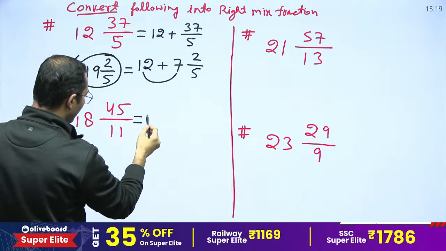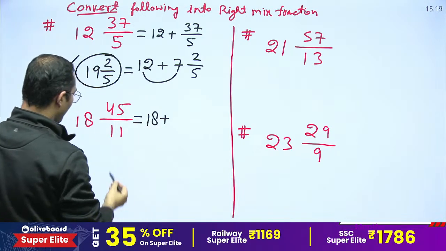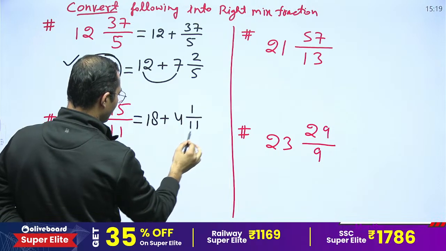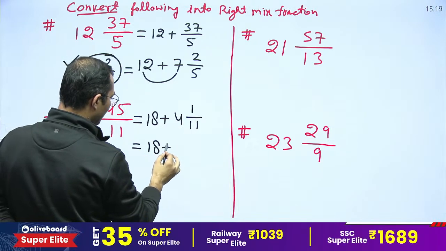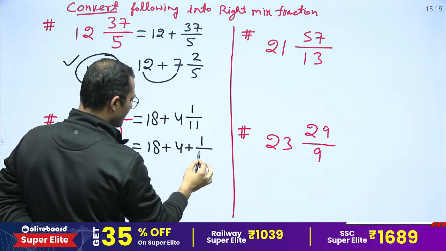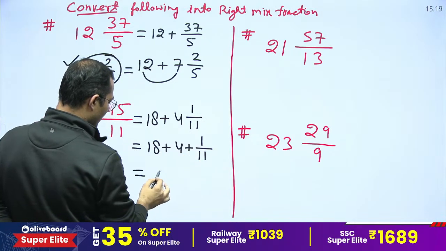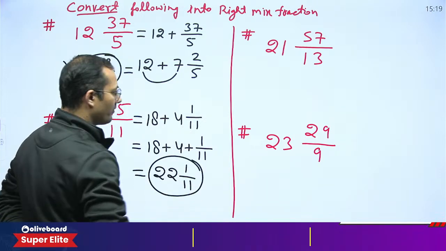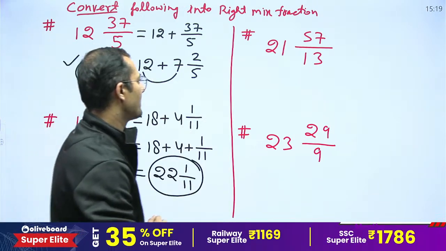So here we can write 18 plus 11 fours are 44, 1 upon 11. Now 4 whole 1 upon 11 can be written as 4 plus 1 upon 11, right? So it is 22 whole 1 upon 11. Simple.